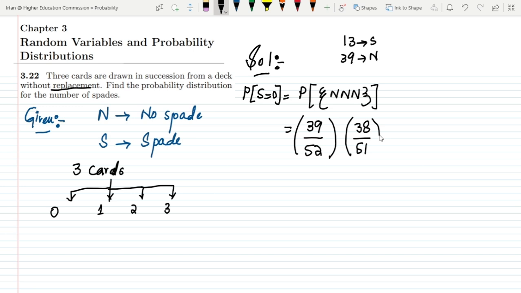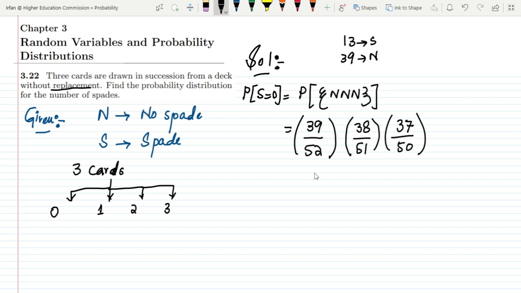In the third item, two items have been selected from 39, so we have 37 out of 50.